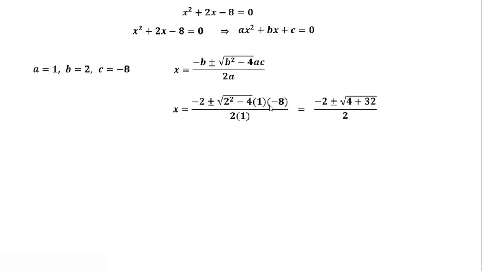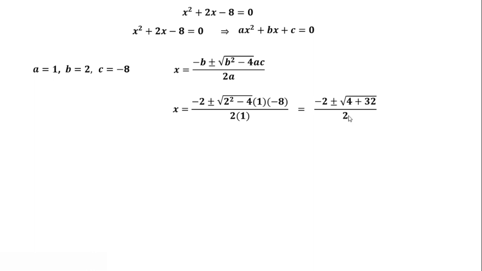When you multiply negative 4 by negative 8, we are going to get plus 32. So that is what we have here, the square root of 4 plus 32 over, now 2 multiplied by 1 is 2. So we have simplified this, and then we got negative 2 plus or minus the square root of 4 plus 32 over 2. I hope you are following it.